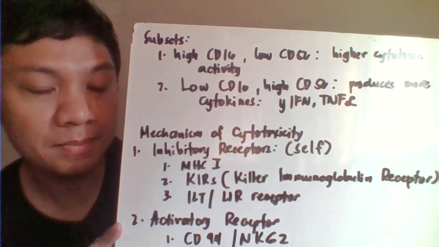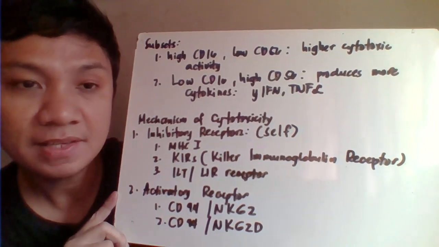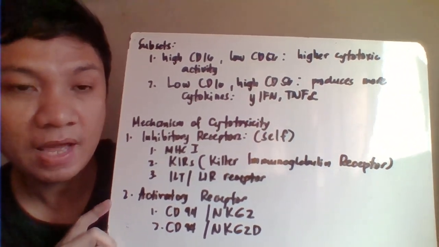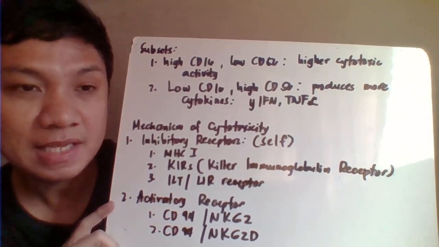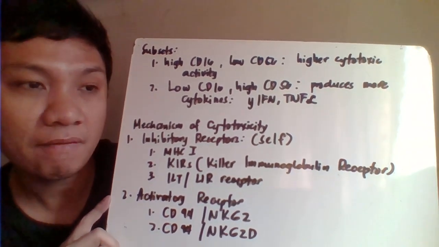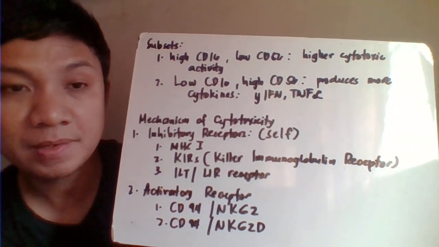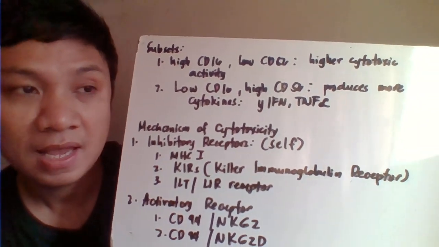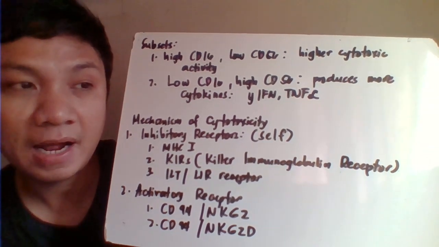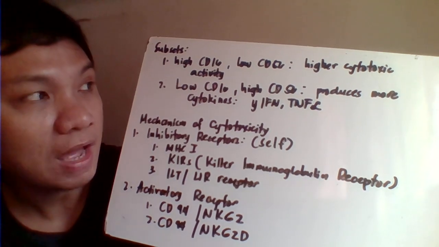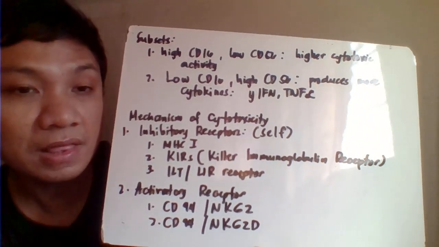Okay, so we have here the subsets of the NK population. You can have the NK population wherein there is a high level of CD16 markers and a low level of CD56. The CD16 marker will always be the surface marker able to bind with your IgG antibody, which exerts its cytotoxic activity, so it would have more cytotoxic activity.